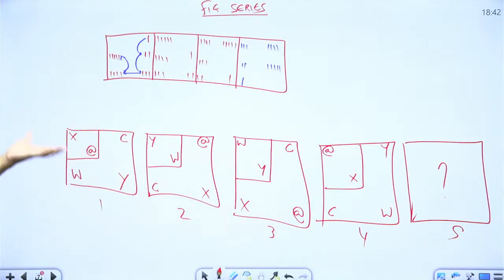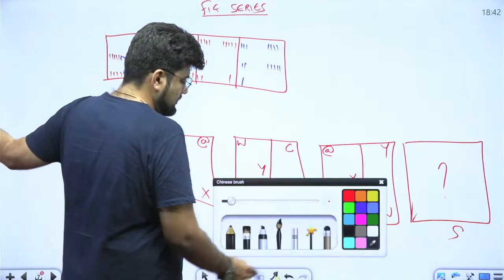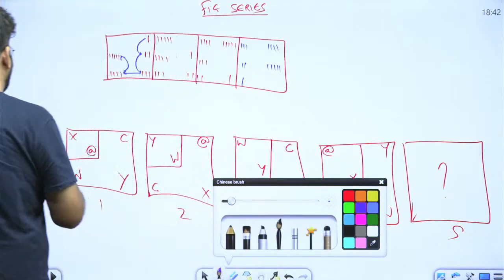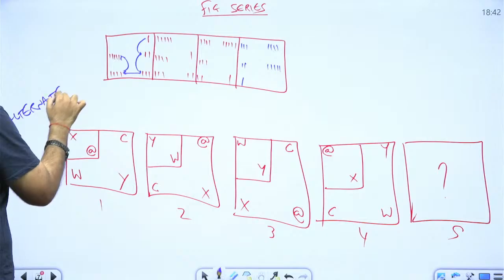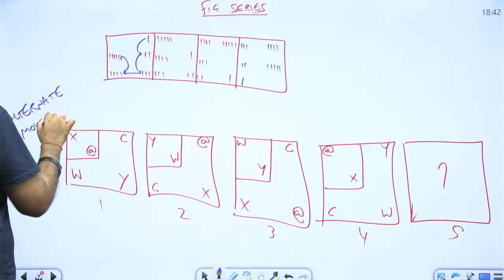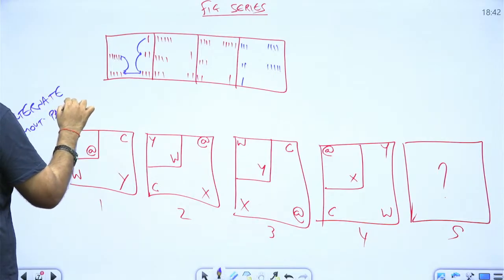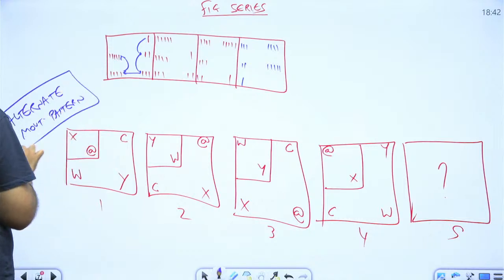A similar alternating concept, alternate movement pattern concept, is applicable in these kinds of questions. So this is based on what? This is based on alternate movement pattern. So what exactly is happening here?